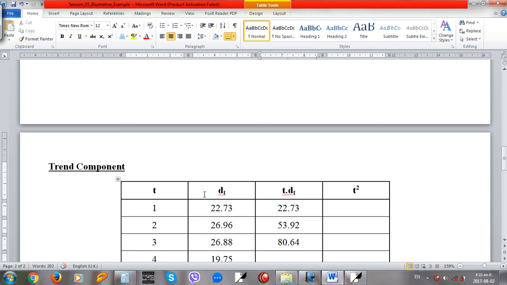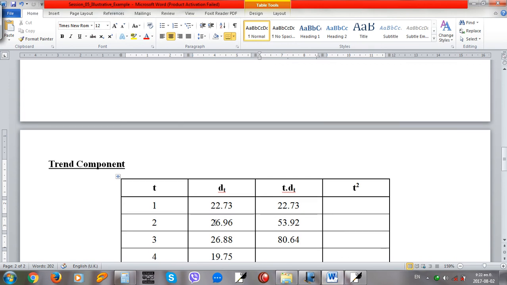T times dt, you have to multiply that t dt, then you can take the answers.